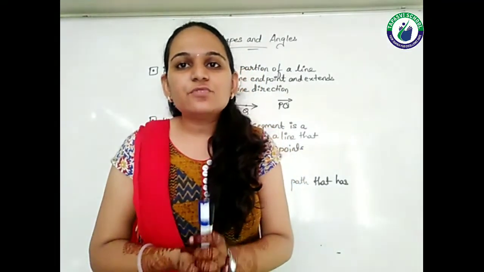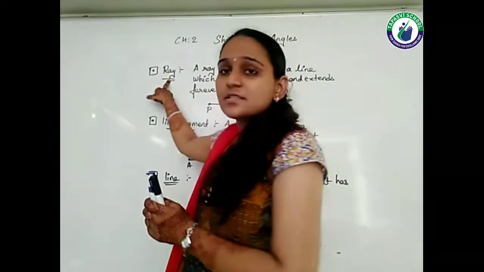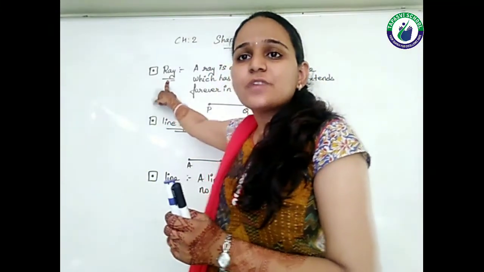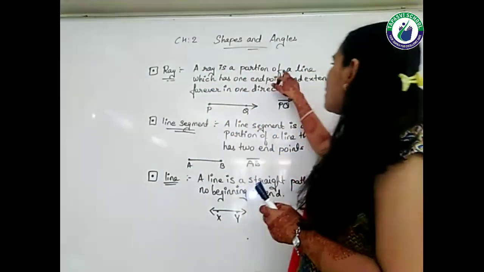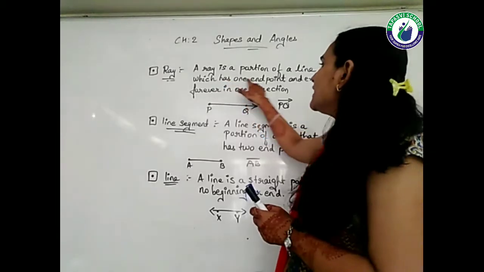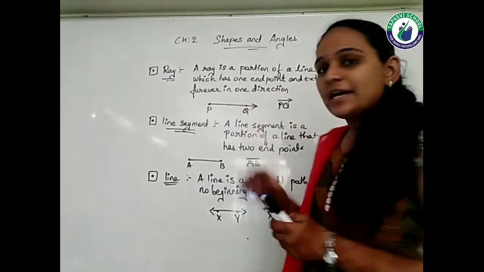Now the second one which we are going to study is a ray. This is the second terminology that we are going to study, that is ray. Now what actually is a ray? A ray is a portion of a line which has one end point and extends forever in one direction.